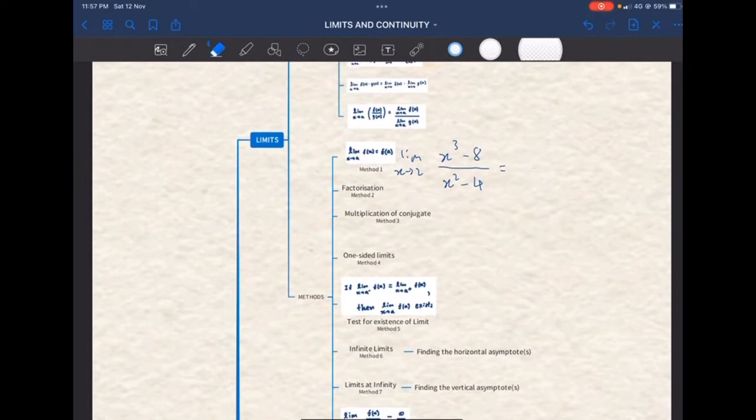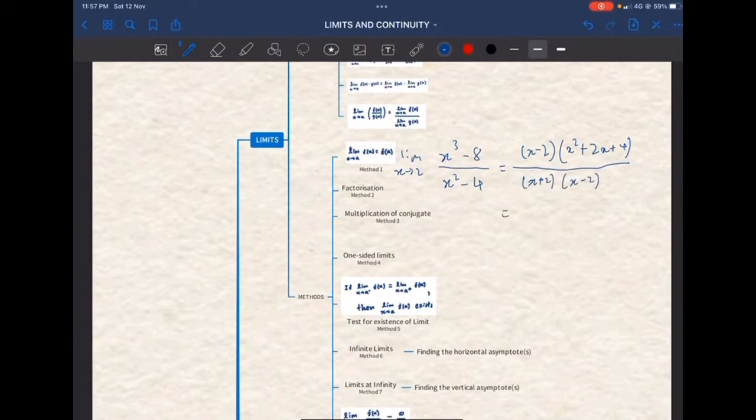So the only thing we can do here is factorize x cubed minus 8 and also x squared minus 4. When we factorize them, it will be (x minus 2)(x squared plus 2x plus 4) over (x plus 2)(x minus 2).